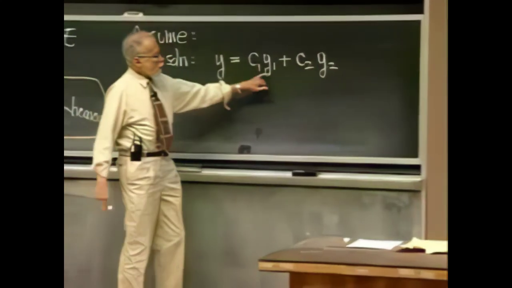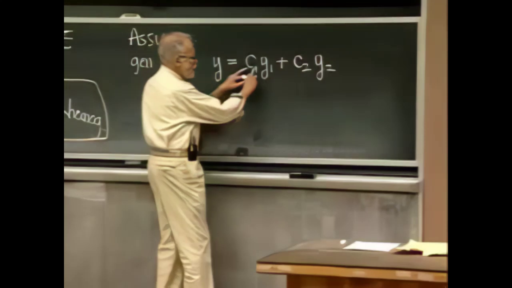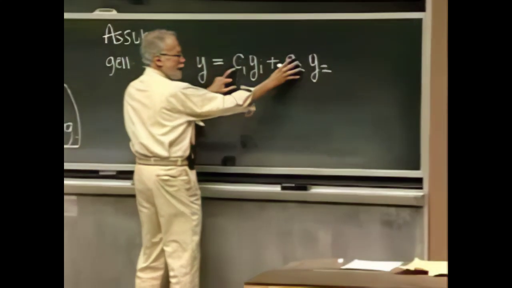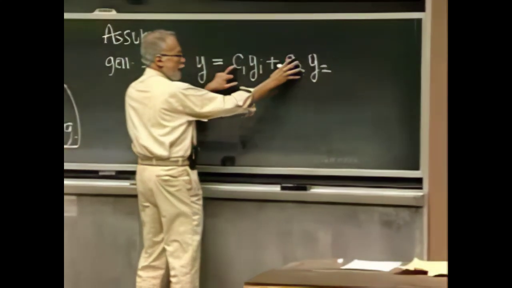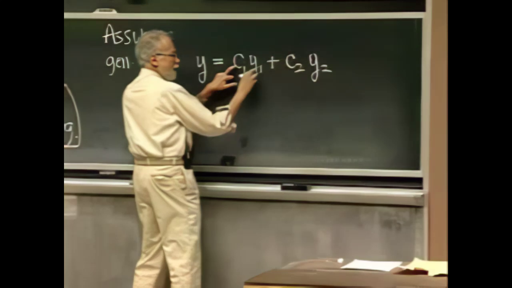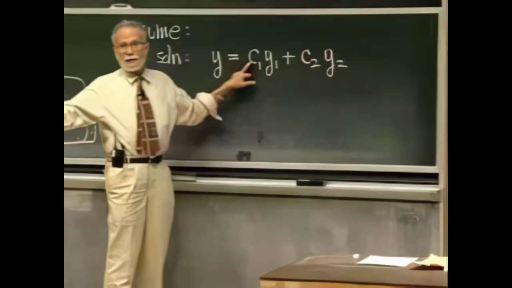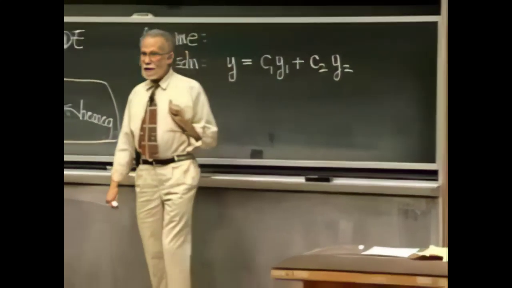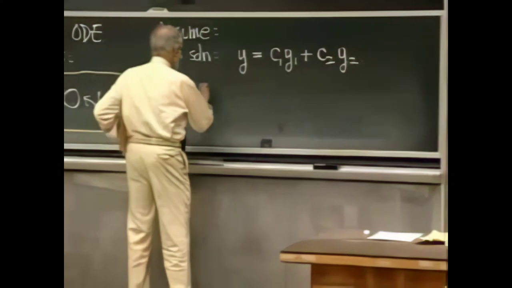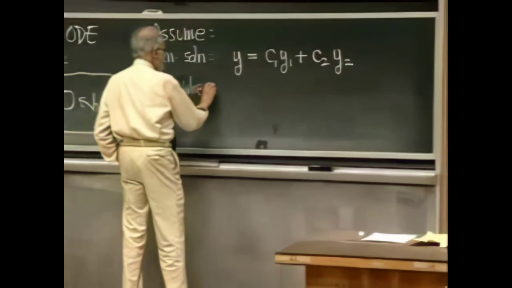Now, what are the y1 and y2? Well, as you can see, if these are arbitrary constants, if I take c2 to be 0 and c1 to be 1, that means that y1 must be a solution to the equation, and similarly y2. So y1 and y2 are solutions.